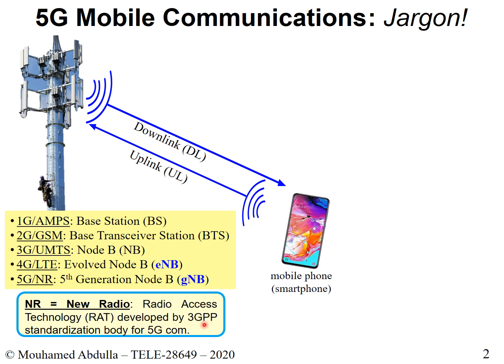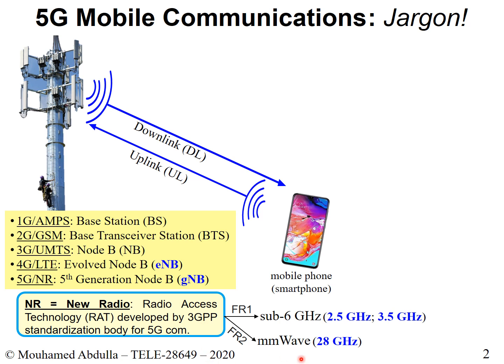Perhaps you're wondering what the new frequencies or new radios proposed with 5G are. There are two new radios proposed with 5G. One is referred to as the sub 6 gigahertz radio, or sub 6 gigahertz frequencies. Another type is the millimeter wave frequencies.